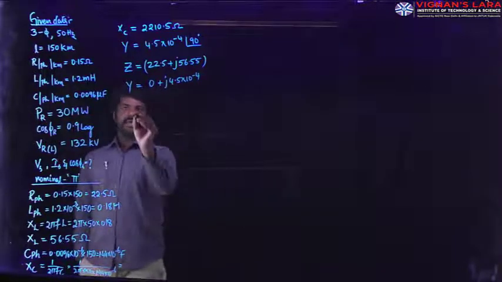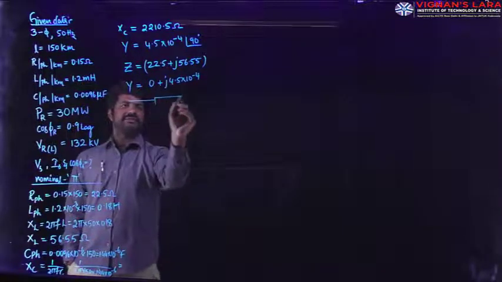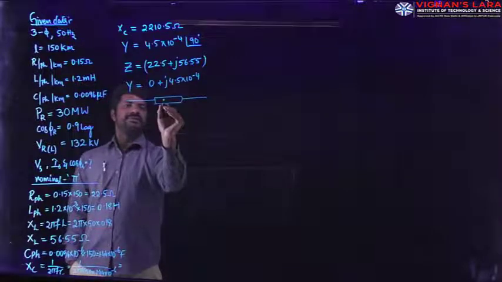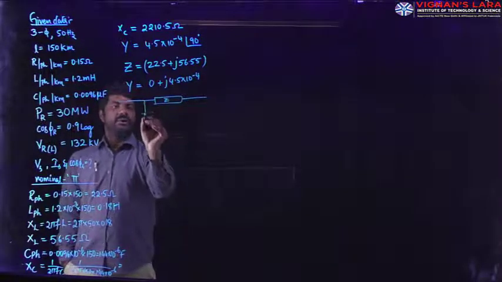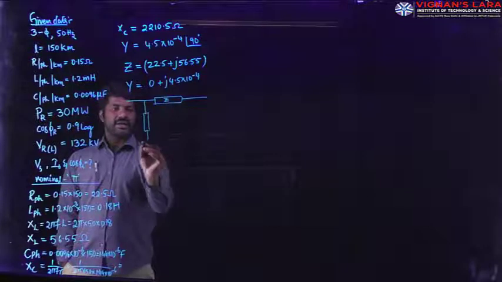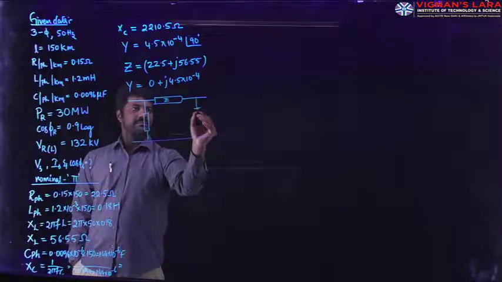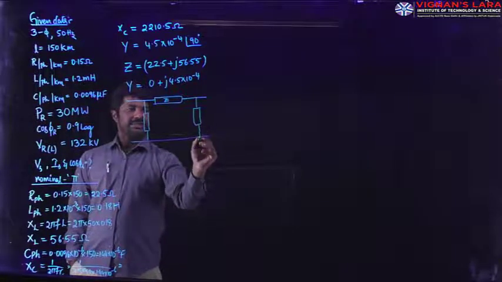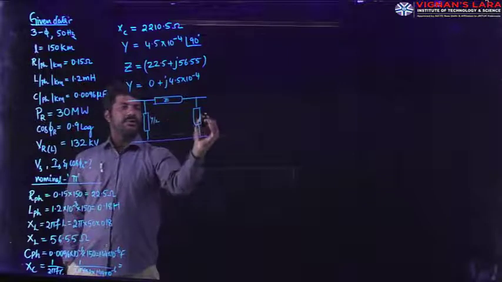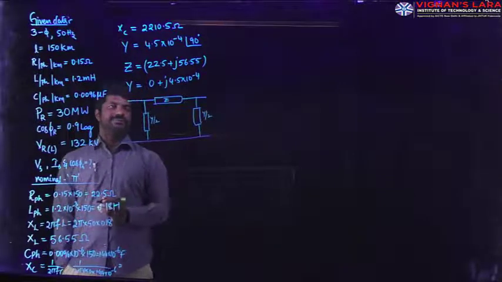The nominal pi representation, all of us know, consists of a series impedance, Z entire value, and capacitors located on either side. Yes, like this. This is Y by 2 and this is also Y by 2.